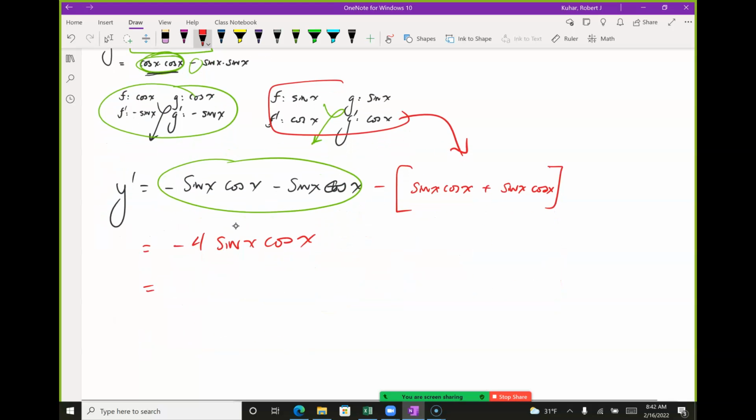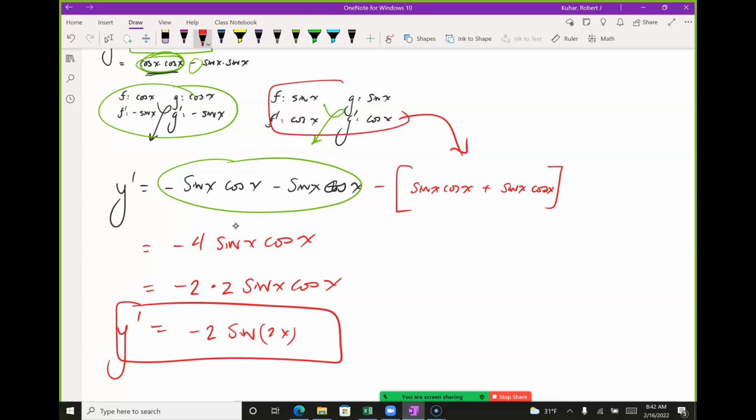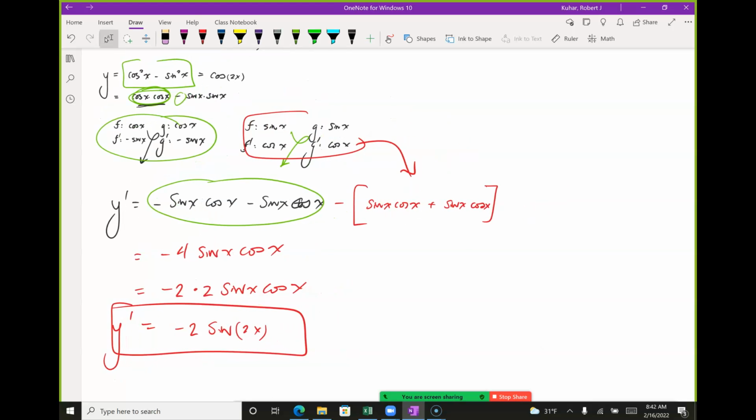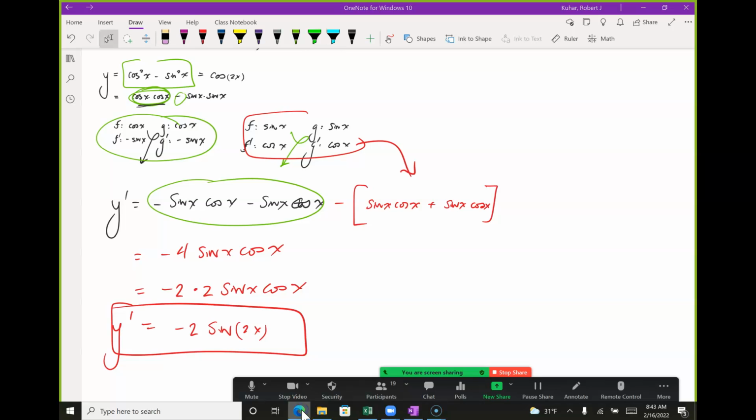But I recognize here I've got another identity: 2 sine x cos x is sine 2x. I like Symbolab here.